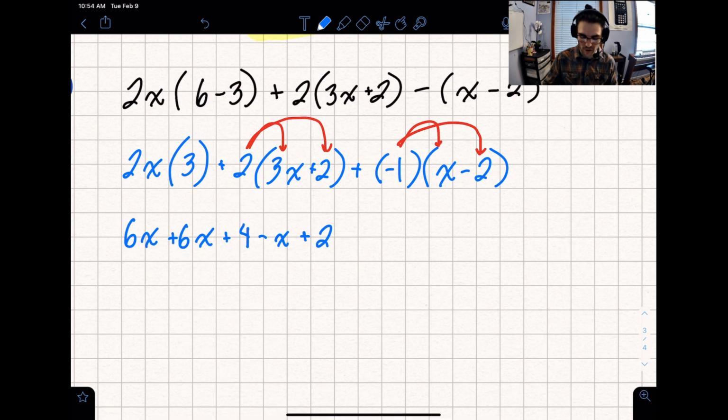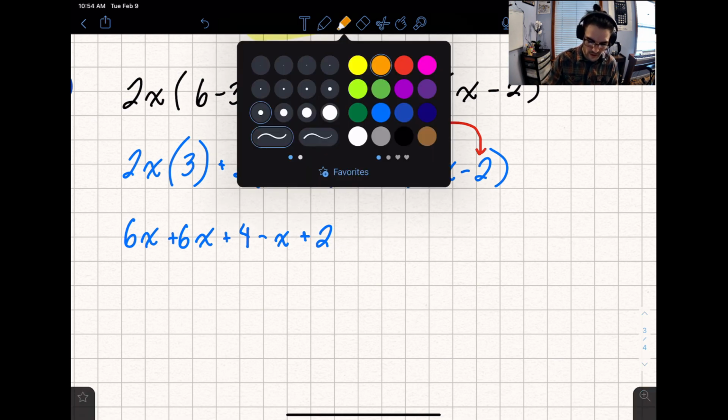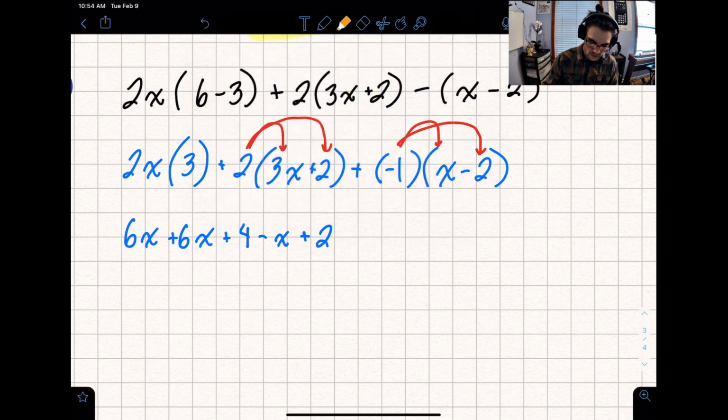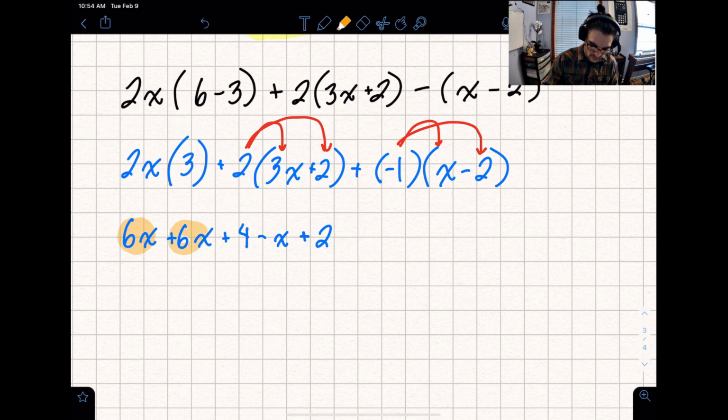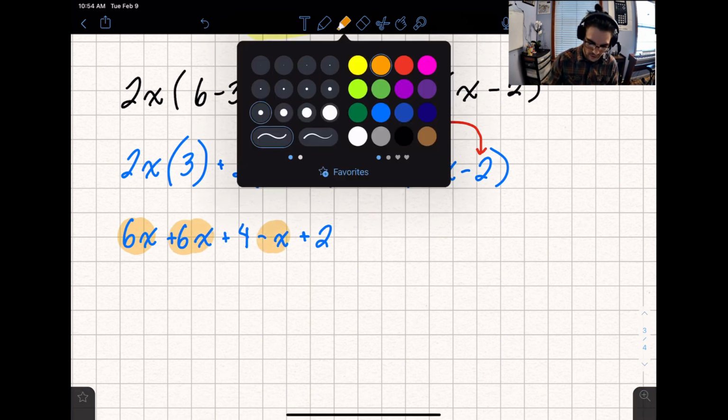So now we have a pretty long expression here. Something that I recommend to students when they're first working on this stuff to keep track of things, group the like terms somehow. When I was a student, I was underlining, because I have this nice technology, I like to use the highlighter. So we have 6x, 6x, and -x. Those all share an x. They're like terms. We can combine them.